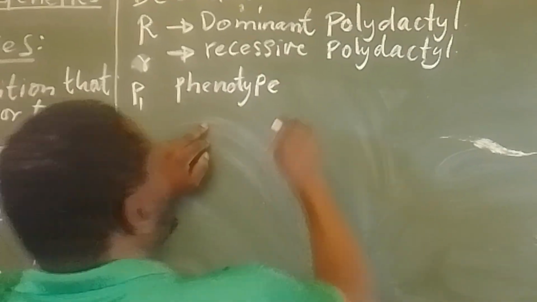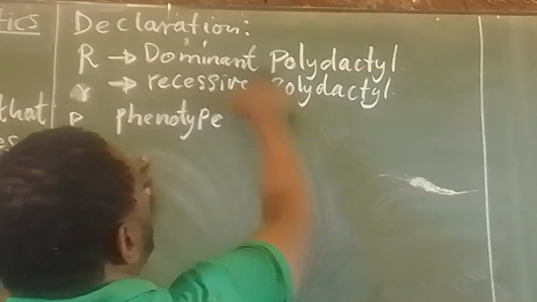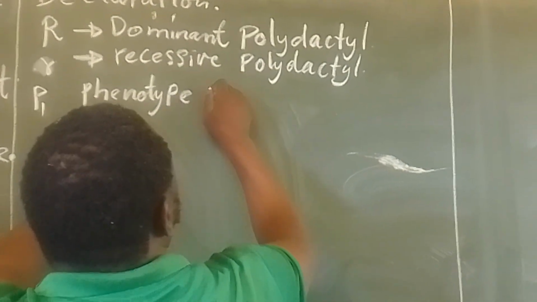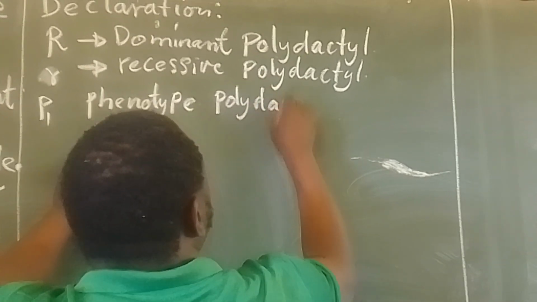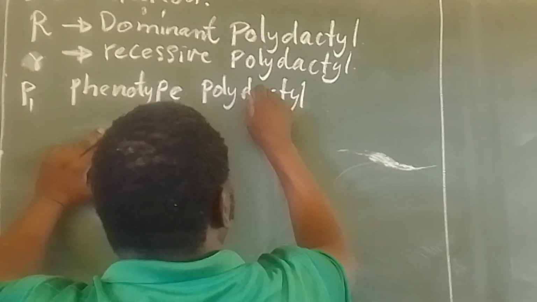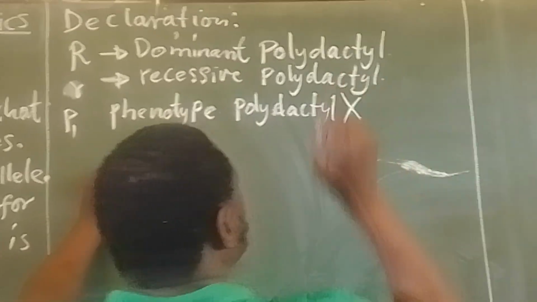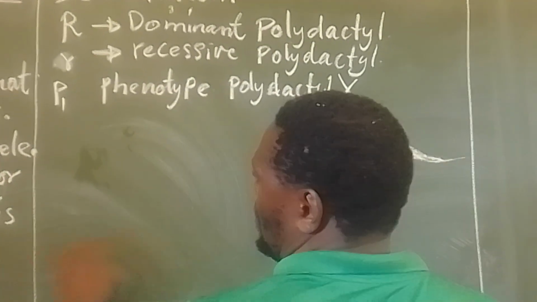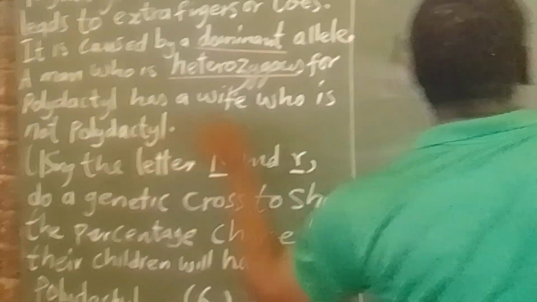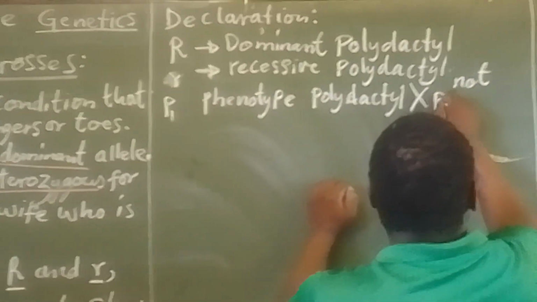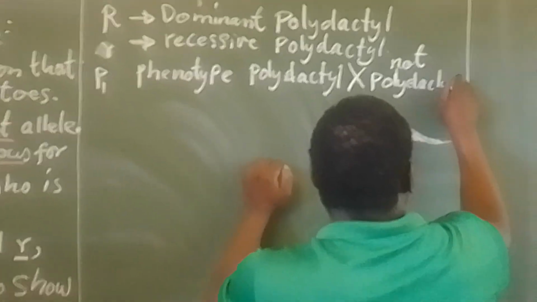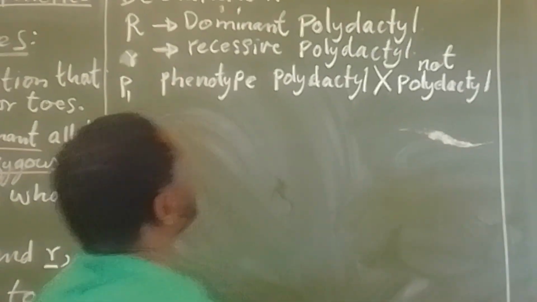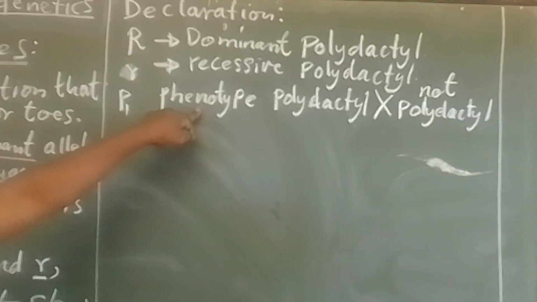The phenotype is polydactyl crosses with not polydactyl. Right. This is for the phenotype.